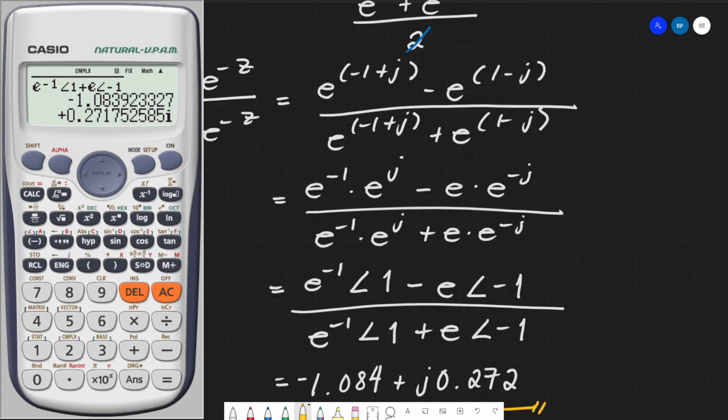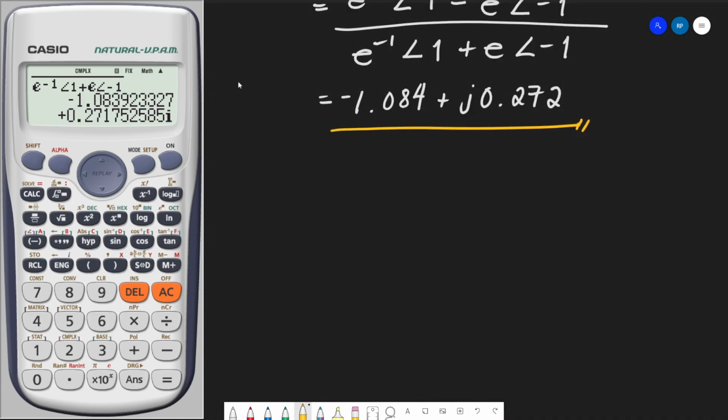Syempre may shortcut method dito using the identity. So again, magiging ano lang siya, yung hyperbolic sine ng negative 1 plus j over hyperbolic cosine ng negative 1 plus j. And this is equivalent to what?